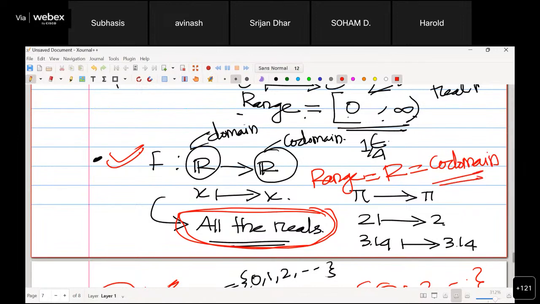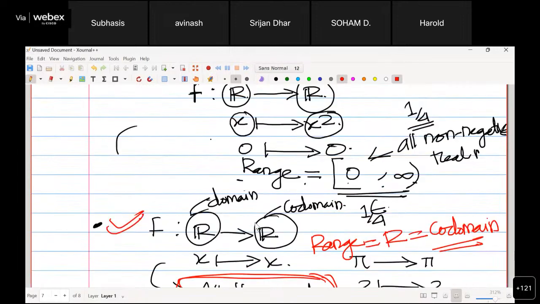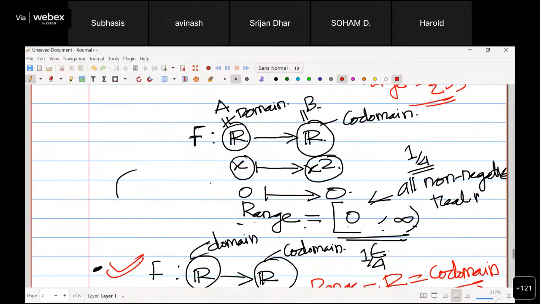So this is an onto function. What about this one? Not onto. Why? Because the range does not include all real numbers, only 0 to infinity. So what is my range here? 0 to infinity.